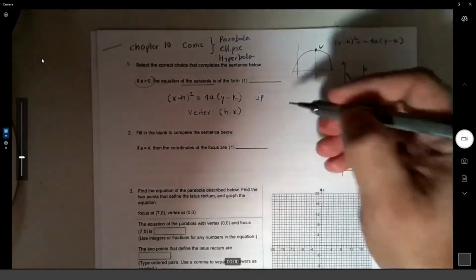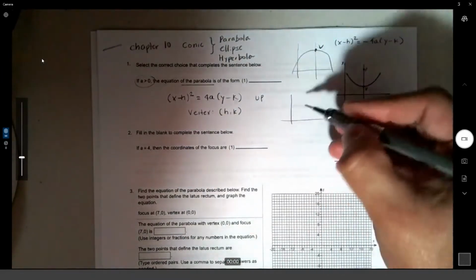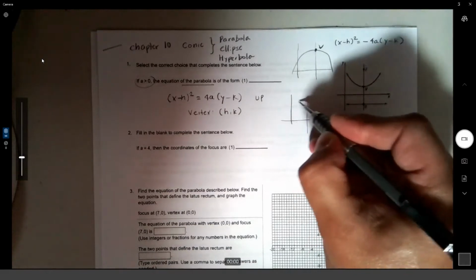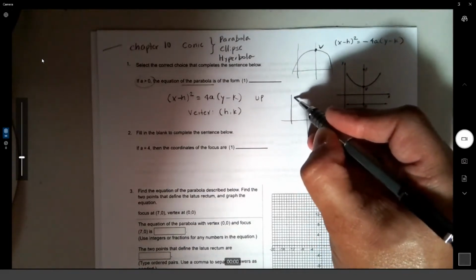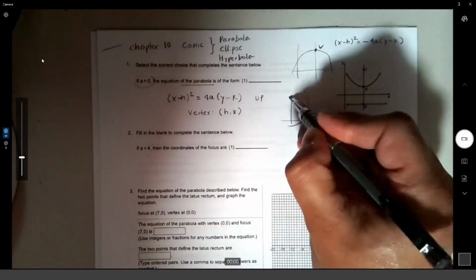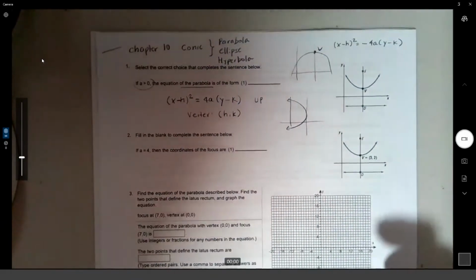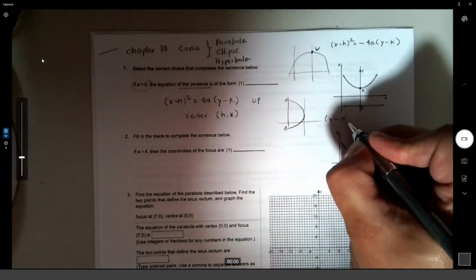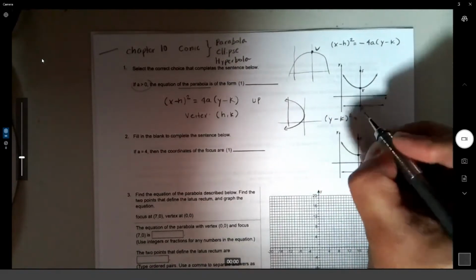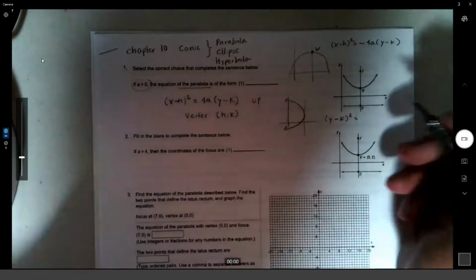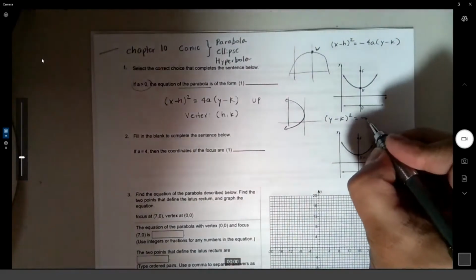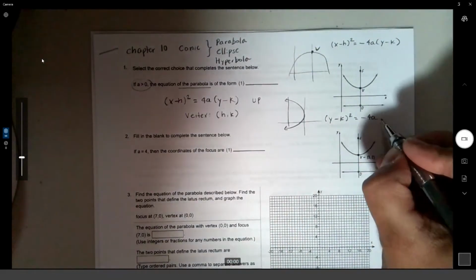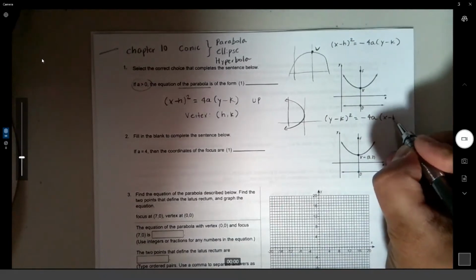Okay. For example, let's say that we're talking about a parabola that is now opening sideways, let's say in this direction. Then in that particular case, it is the y minus k term that will be squared. Since it is opening to the left, then I'm going to introduce a negative 4a (x minus h).